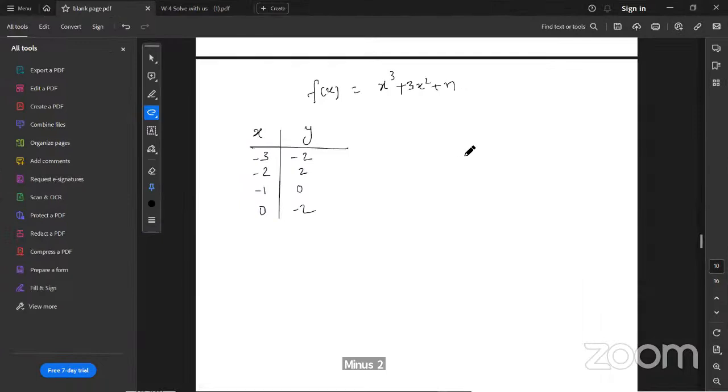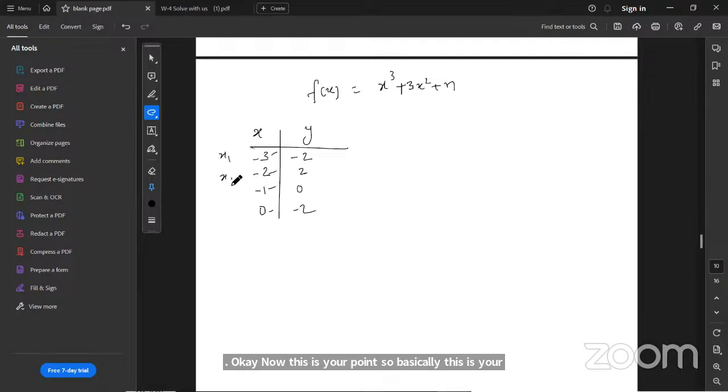Okay, now this is your point. Basically this is your x1, this is your x2, this is your x3, and this is your x4.